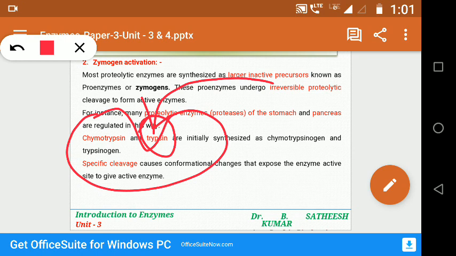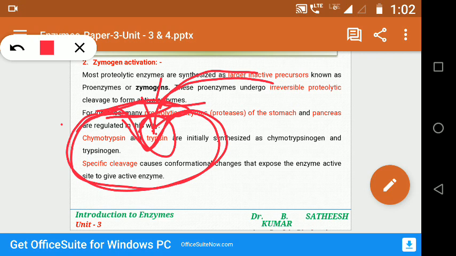By the time of the synthesis of this trypsin enzyme, we will have a polypeptide chain that covers the active site. Therefore, this active site is no longer accessible for the substrate, that is the protein. As long as this chain is covering the active site, this enzyme will be in zymogen form and it cannot catalyze the cleavage reaction.